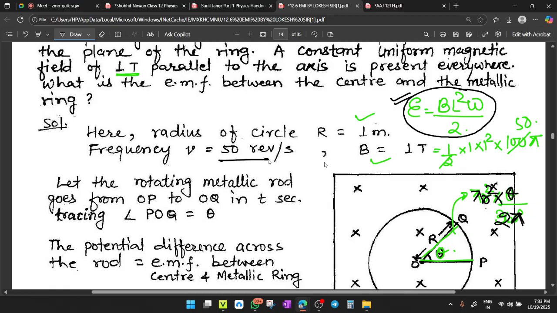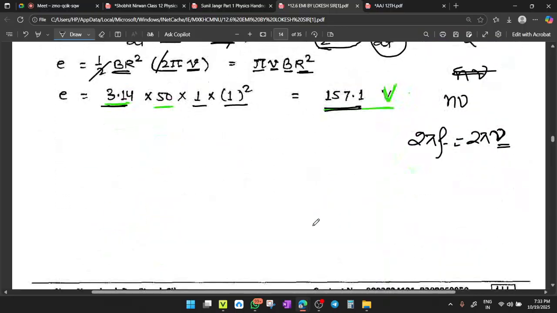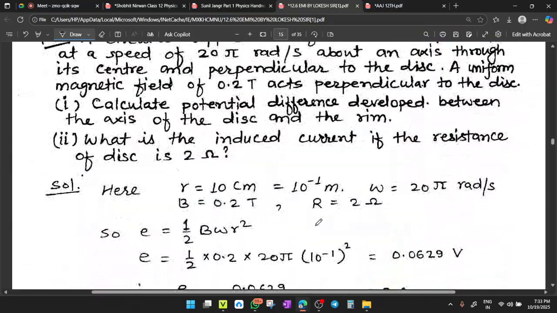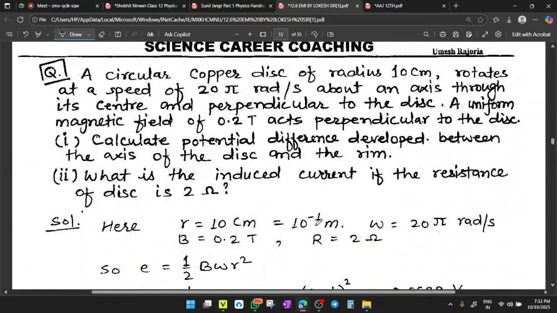Linear frequency is given here as 50, so omega is 2 pi into 50, which becomes 100 pi. We already have done this. Clear? So guys, this is the completion of this numerical.